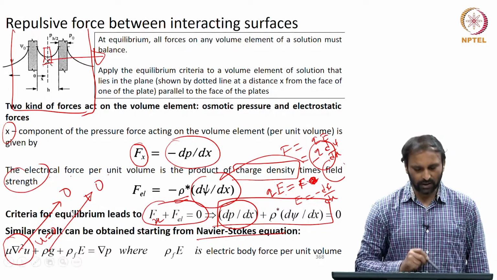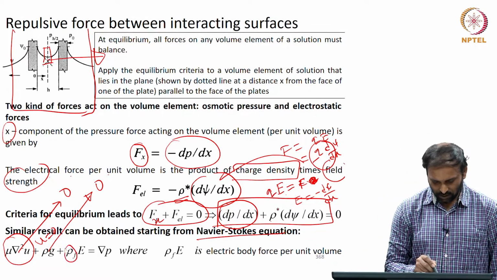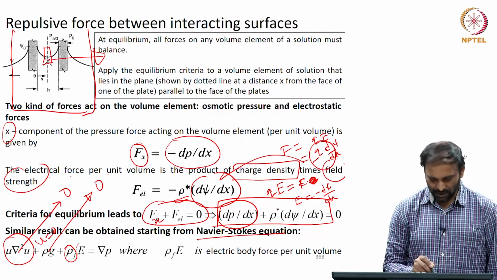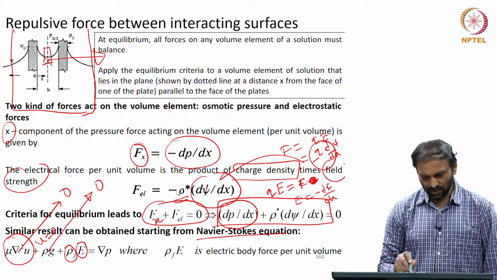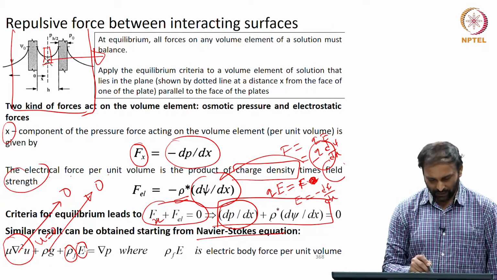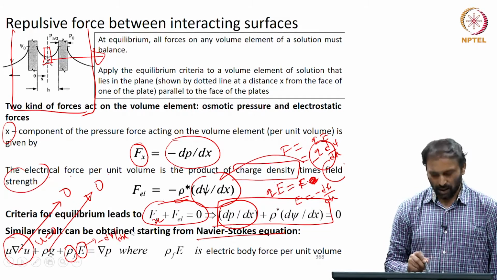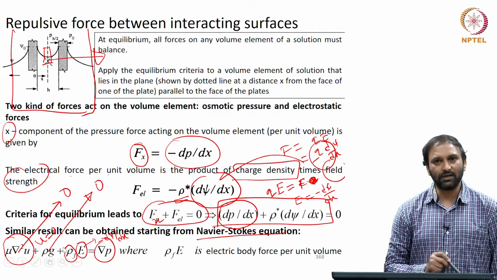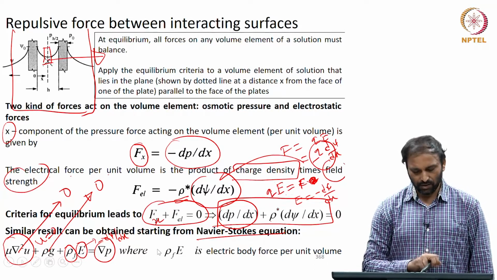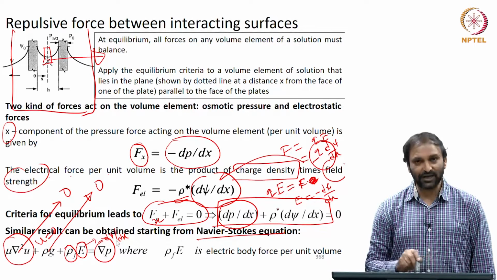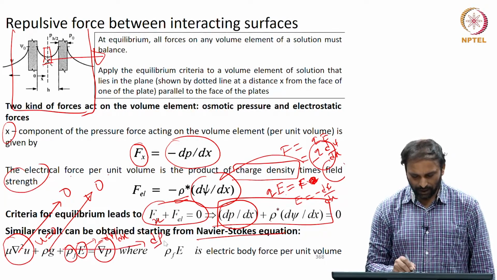Therefore, that term again would be 0, and you have the charge density here times E, the strength of the electric field, which we know is minus d psi by dx, and you have delta p here, and because we are only worrying about the pressure gradient in the x direction, this del p essentially will be dp by dx.